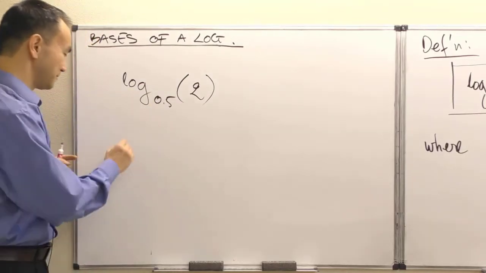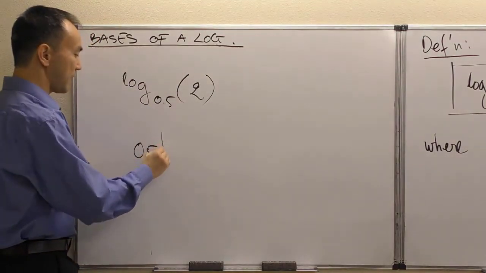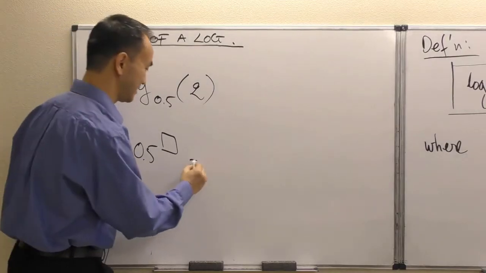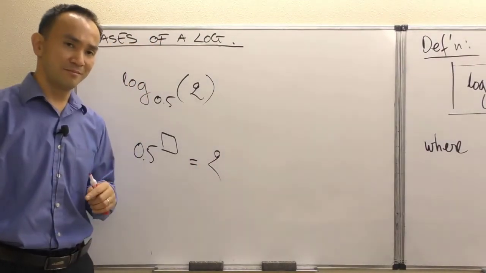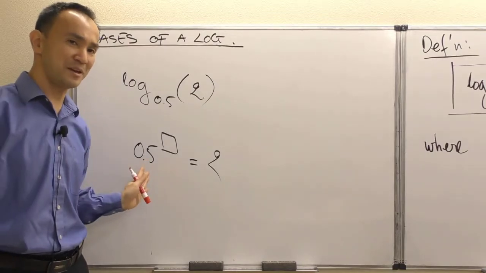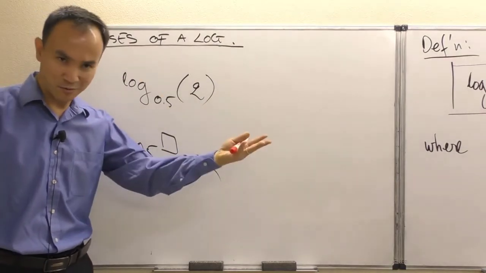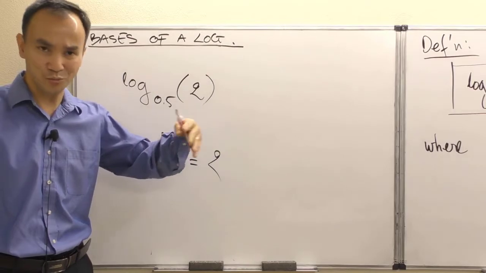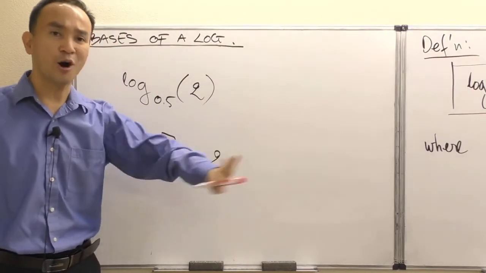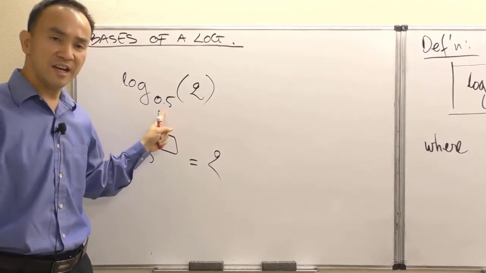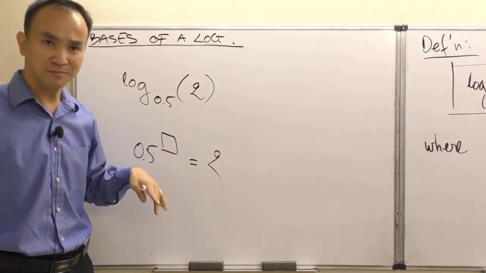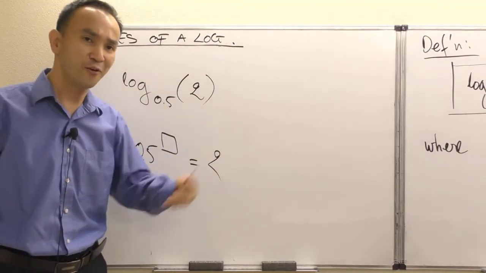What power of base 0.5 equals 2? Just because the base appears to be a decimal doesn't mean it's way beyond us. I'm not saying that you can't use a calculator, but just because we're seeing a decimal base doesn't mean we immediately look for a calculator.